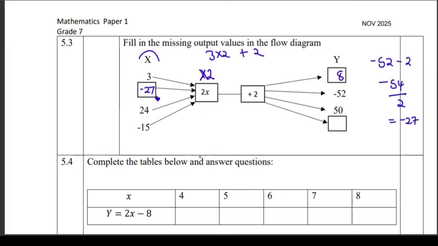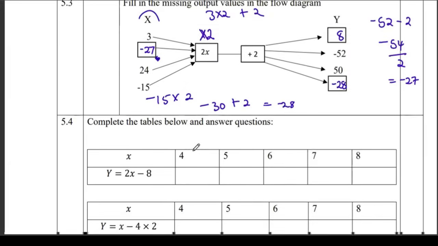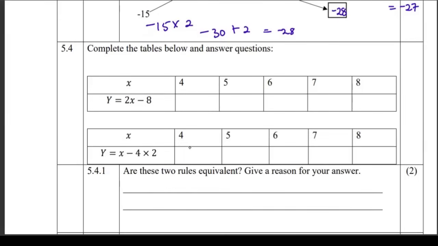Okay. And then 24 times 2 is 48, gives us a 50. Negative 15 times 2 is a negative 30 plus 2, get a negative 28. Okay, 5.4. They want us to complete the tables using these rules.